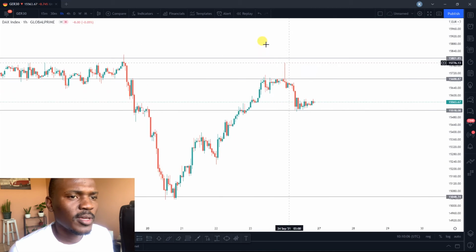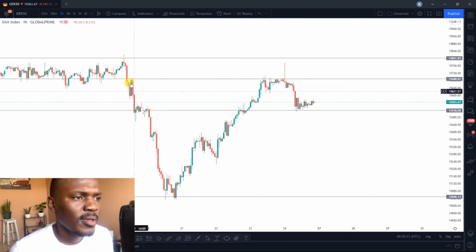Okay, so as you guys can see here, it touched our resistance. Then it went down, and then it came back to that support, acting as resistance now. Then it went down.